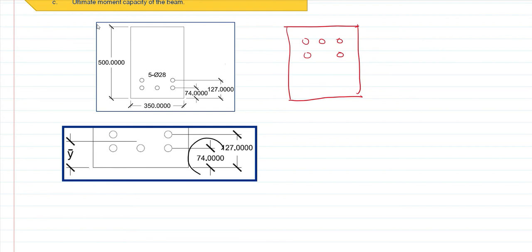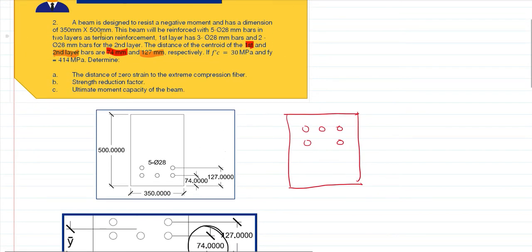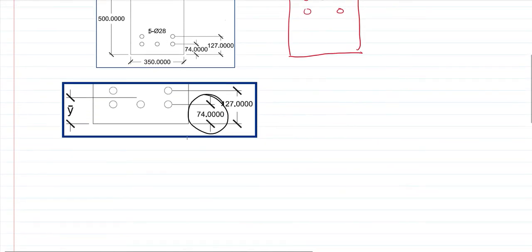Then, 74 mm yung centroid nung first figure kasi that is from the extreme tension fiber. So, next one will be 127 mm from the extreme tension fiber.